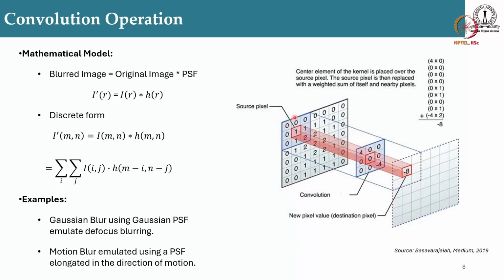Say you have an array of numbers. This is nothing but a matrix, and you have this convolution operator here, which is also a matrix. What you do is you treat this convolution operator as a moving window. You place this window aligned with this highlighted cell, and perform the operation such that each of these elements is multiplied with the element of the source.